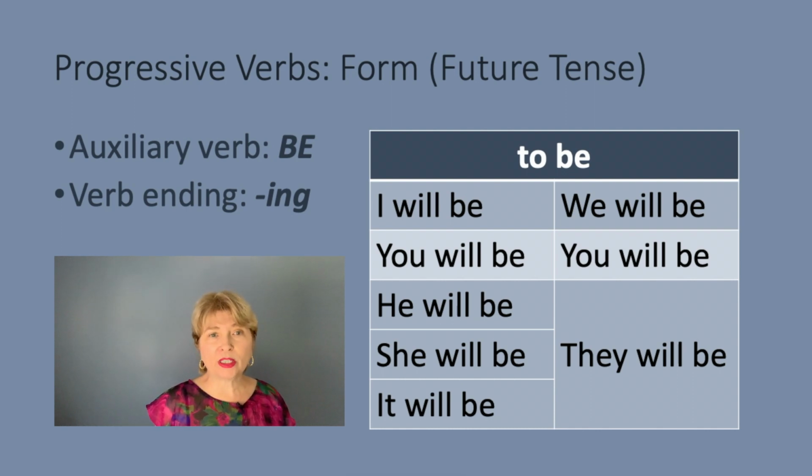The future progressive auxiliary with the subject pronouns are I will be, you will be, he will be, she will be, it will be, we will be, you will be, and they will be. Will is a kind of auxiliary called a modal. We'll look at modals in a later video.